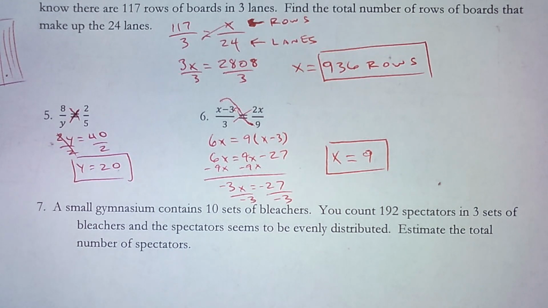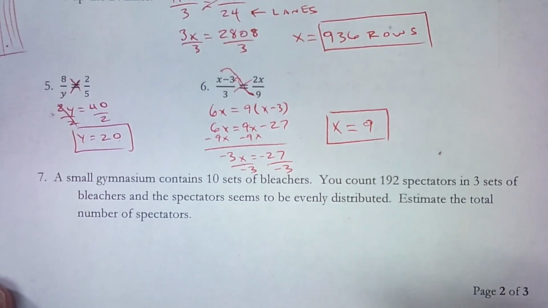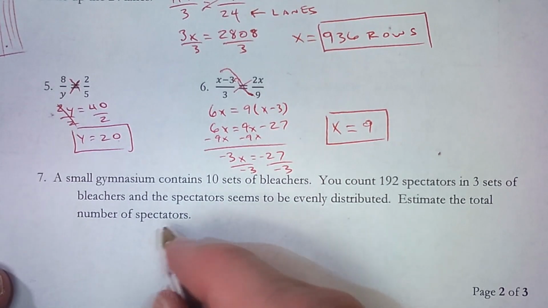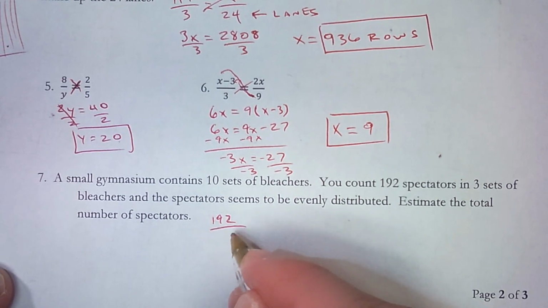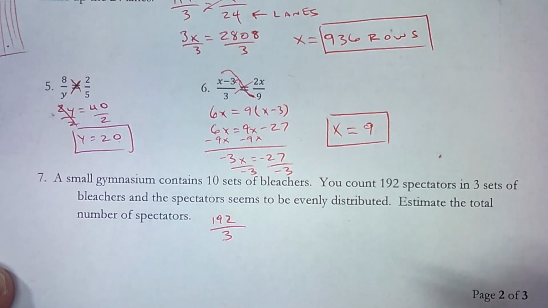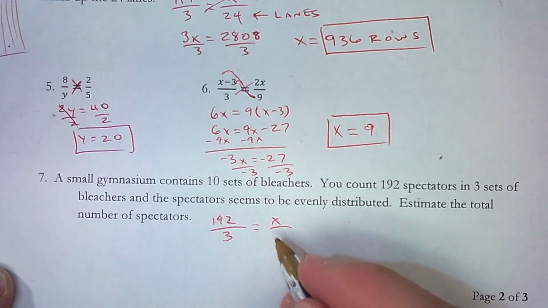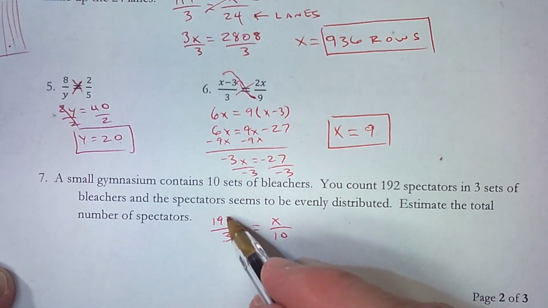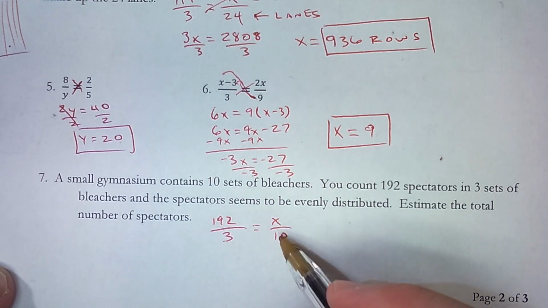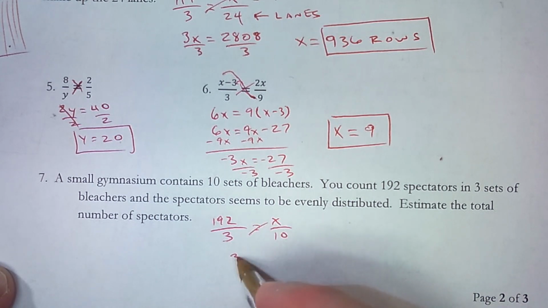We can't say for sure that the spectators are exactly evenly distributed, but they seem to be, so we're not going to come up with an exact number, but a good estimate of how many people are sitting in these bleachers. So we counted 192 spectators in 3 sets of bleachers. How many would there be in 10 sets of bleachers? 192 is to 3 as how many is to 10?